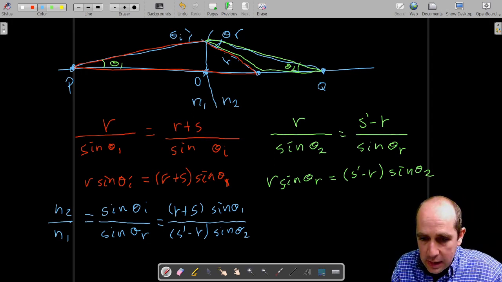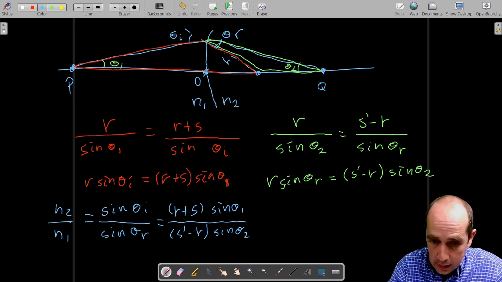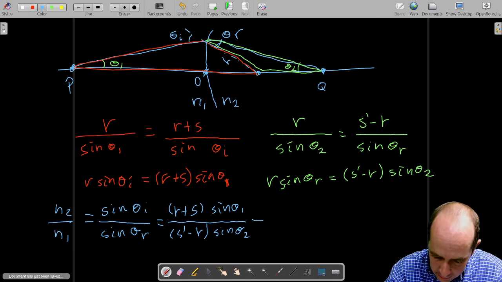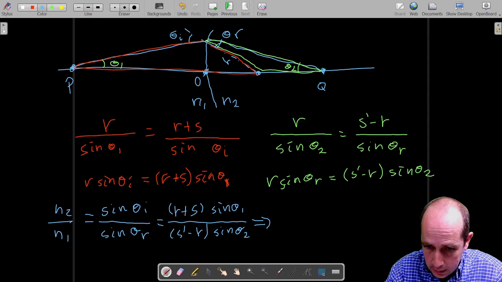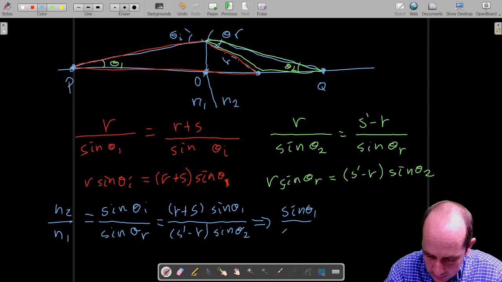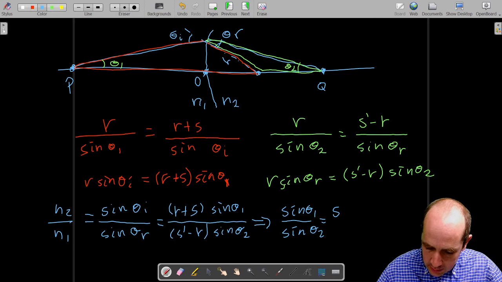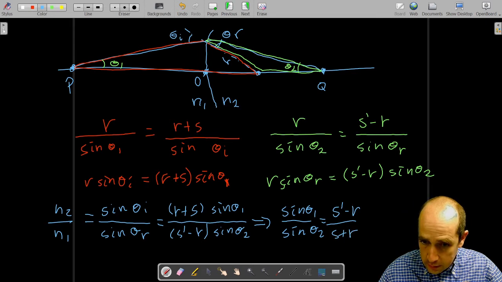So from here we obtain that sine of theta 1 divided by sine of theta 2 will be s prime minus r divided by s plus r, multiplied by n2 divided by n1.